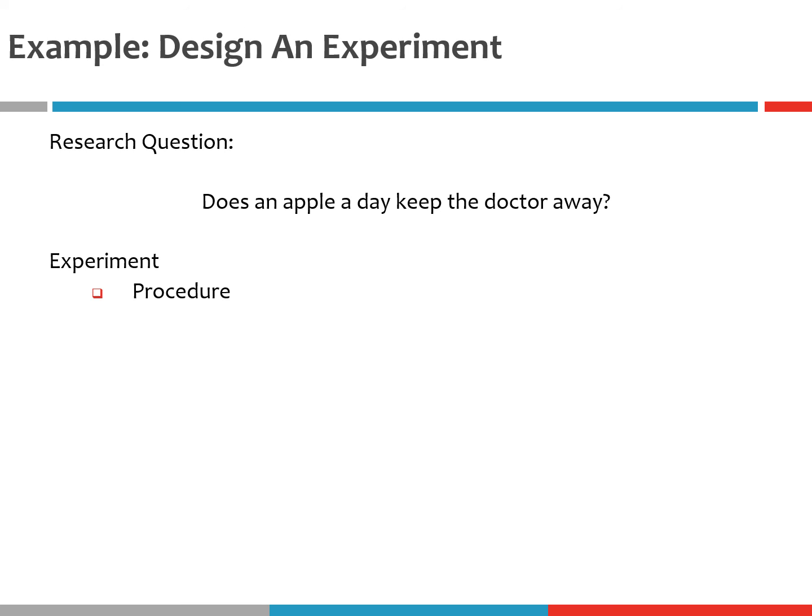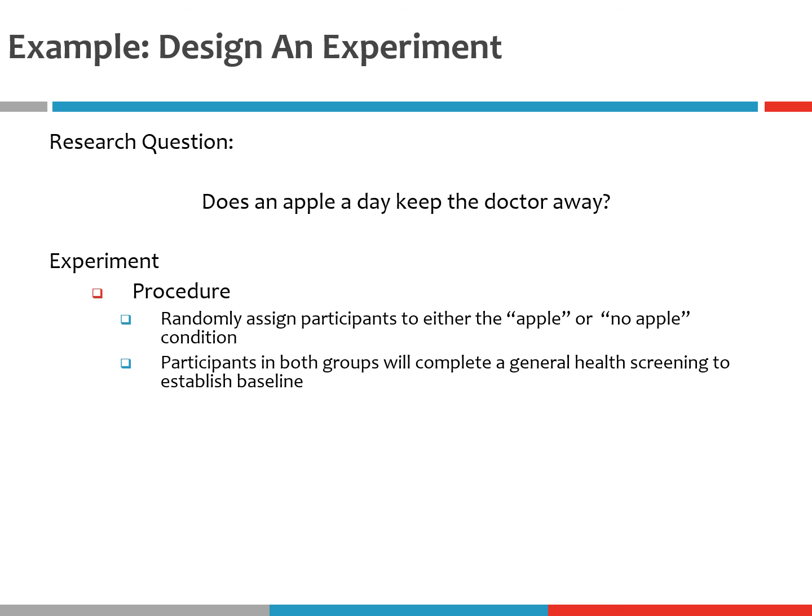All right, so generally our procedure. So what is our procedure going to be like for control and experimental participants, or apple and no apple participants? Okay, so well, first we're going to want to make sure that we randomly assign participants to either the apple or no apple condition. And then we're going to want to make sure that participants in both groups complete a general health screening to establish a baseline.